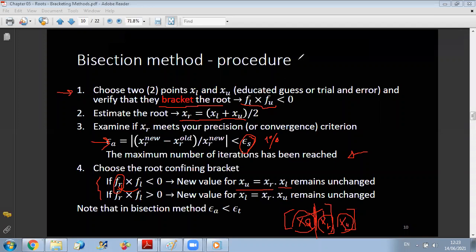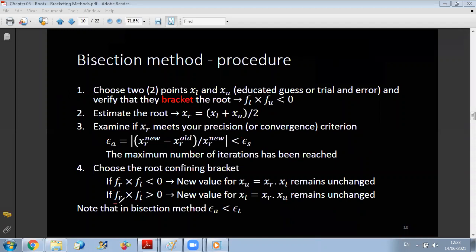Okay? On the other hand, if fr times fl is positive, this means that I have, this is x lower, this is xr, and this is x upper. When f at r is opposite in sign to f at upper, so it's of the same sign as x lower, then the root will be somewhere between xr and x upper.